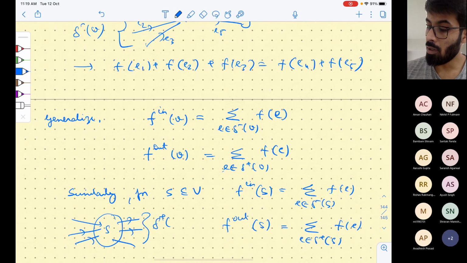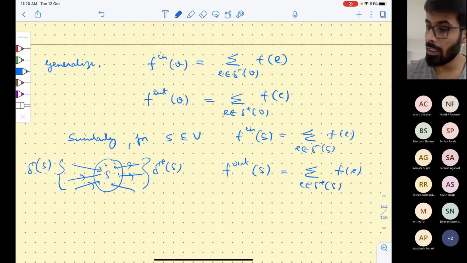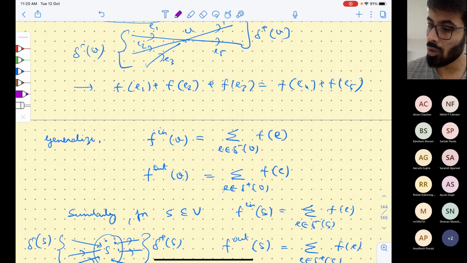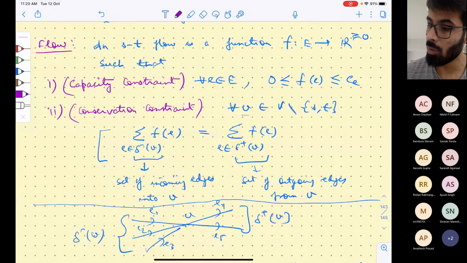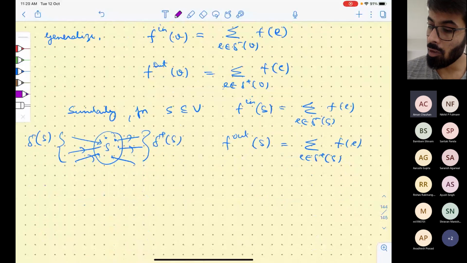So this is delta plus of S, and this is delta minus of S. There can be many vertices here. Good. So we generalize this for S. And now how can we write the conservation constraint in terms of this? Because the capacity constraint is simple. That is just in terms of the individual flow being less than the capacity. But the conservation constraint can now be written in these terms.